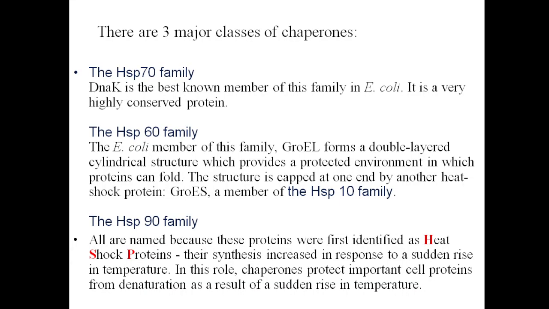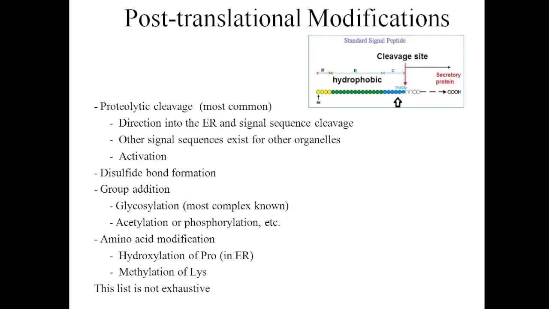Chaperones in cells can be divided into three main classes. Another name is heat shock proteins, and by molecular weight they are HSP70, 60, 90. All of them are important for facilitating effective folding.